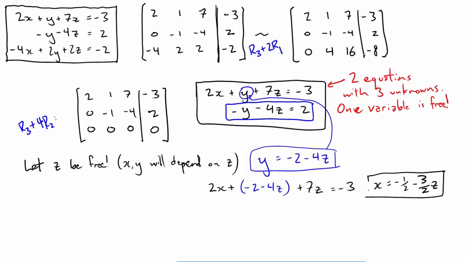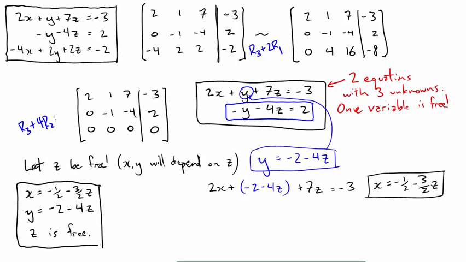So there you have it. z can be anything. y is then determined in terms of z, and so is x. I'm just going to copy these bits of information down. This is a perfectly valid way of describing all the values x, y, z that make the system of equations true.